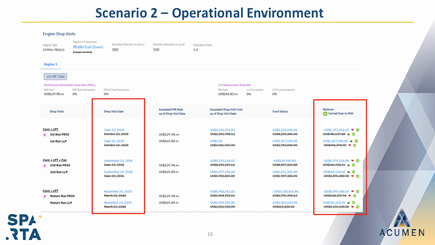Again, if we look at the Analyze Cash Flow page and change the variables, clicking on the Simulate Scenarios button, we can see that the engine removals are earlier and the funds are underfunded from the first shop visit onwards.